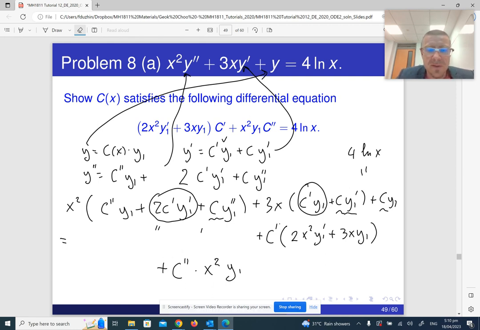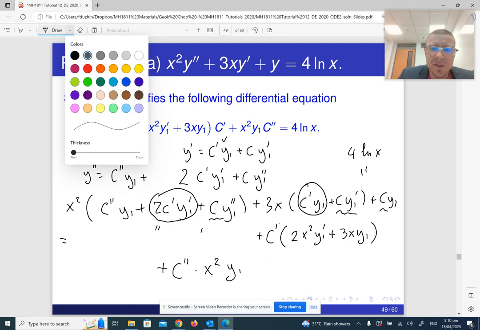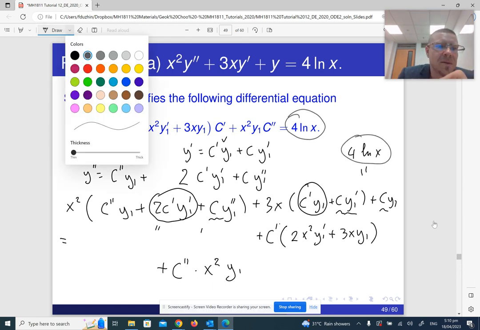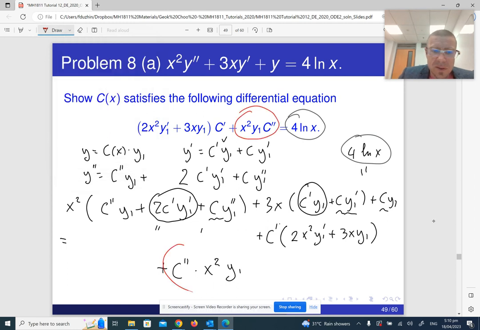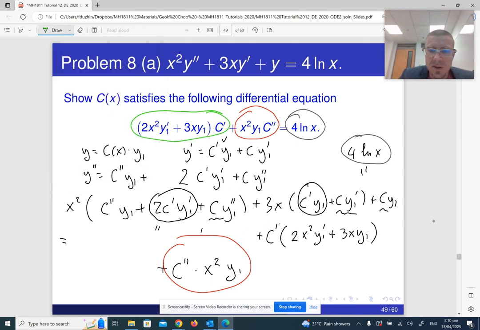But then whatever remains is precisely what I'm supposed to prove, right? So let me just use similar colors. This term is here, this term is here, and this one is here. All right, done.